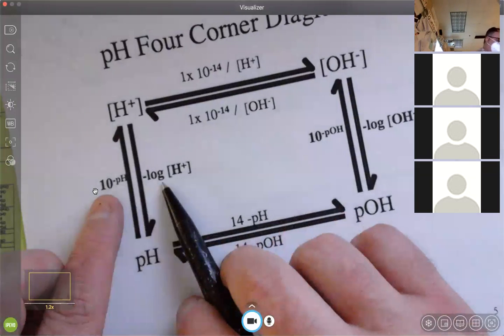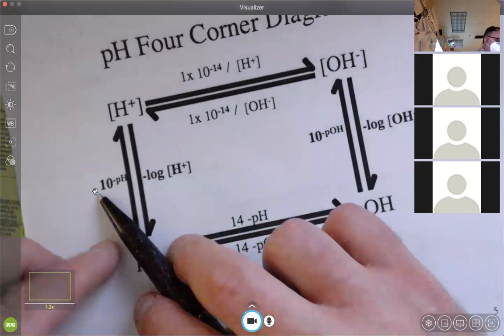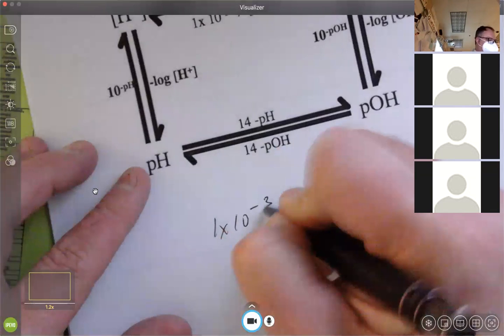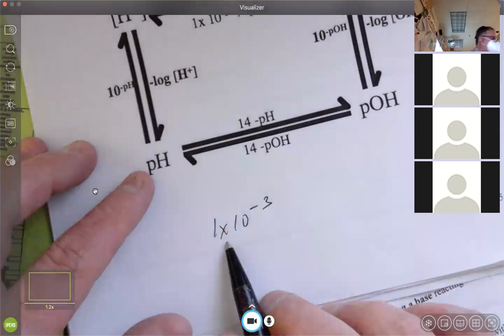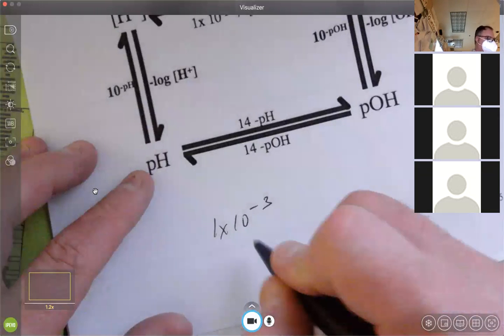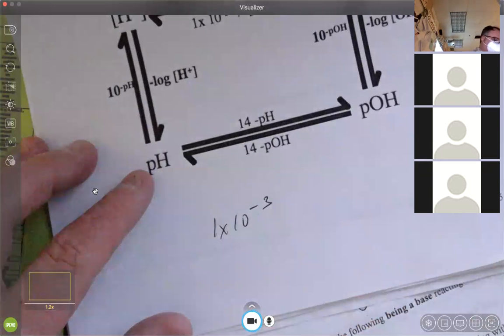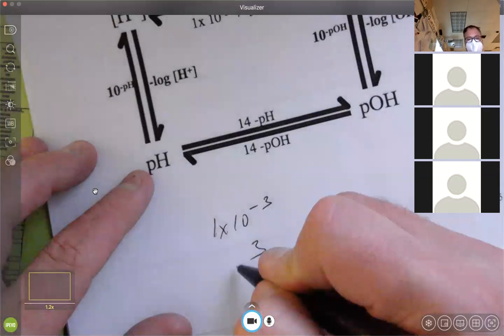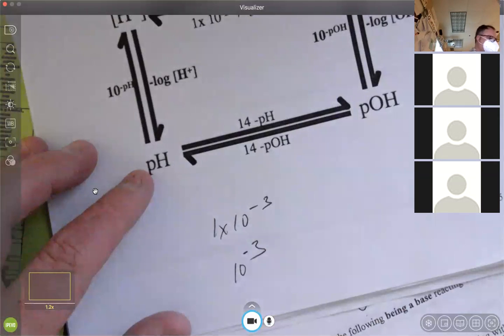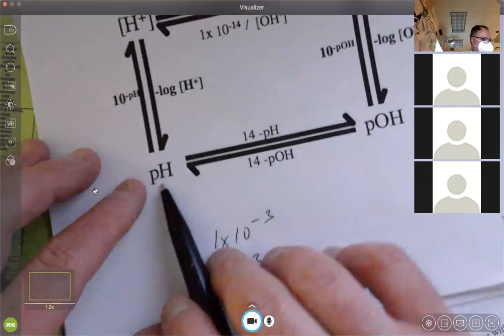You know this because whenever I said 1 times 10 to the negative 3rd, you said the log of that is negative 3, and negative the log of that is 3. So what is the opposite of that? Well, it's taking 10 to the negative of the pH. Boom. So that goes from pH to hydrogen ion concentration.